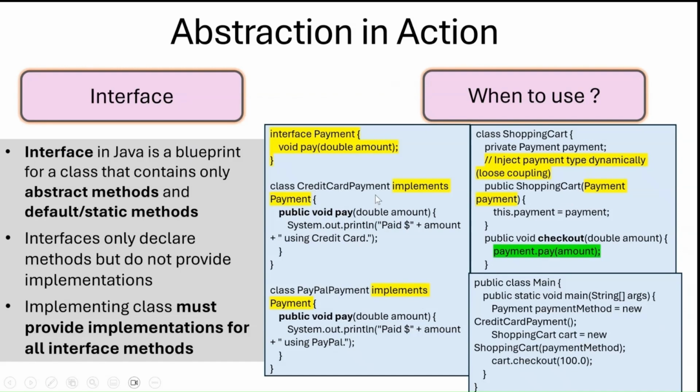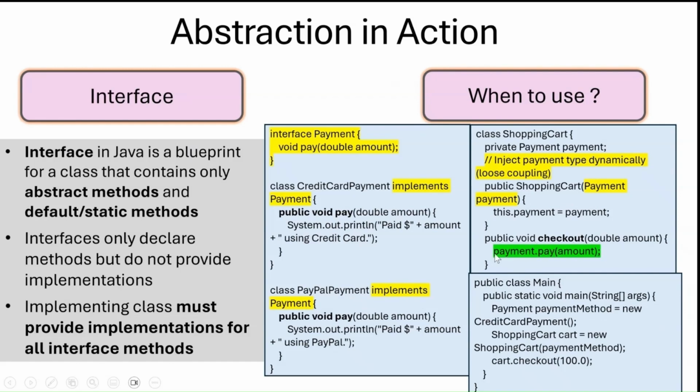If tomorrow the default payment method, let's say the user selected PayPal, then automatically that payment method will have the reference of PayPalPayment. But this logic of ShoppingCart will not change, right? Because it is just calling it using the interface. And PayPalPayment also has implemented the Payment interface, right?